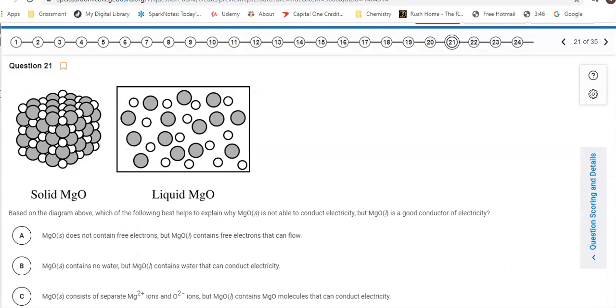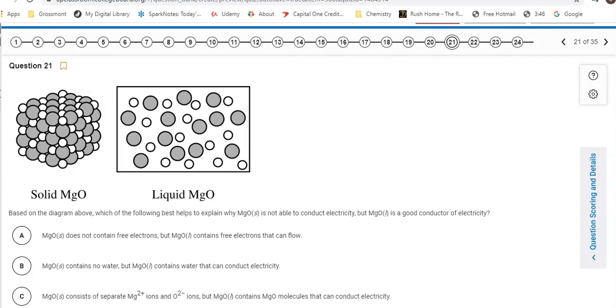All right. So you have solid magnesium oxide and liquid magnesium oxide. So basically you've taken the magnesium oxide and thrown it into water. So the ions break apart. You have Mg2+ and you have O2- ions floating around there inside the box. Whereas when it's solid MgO, everything's electrically neutral. Your pluses and minuses balance out.